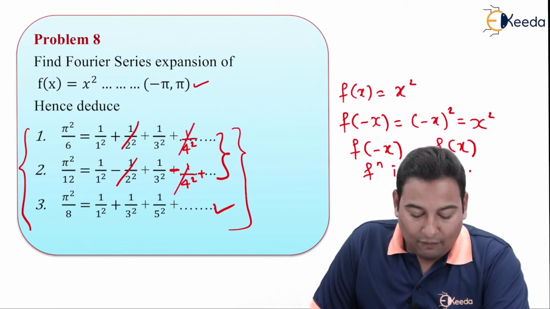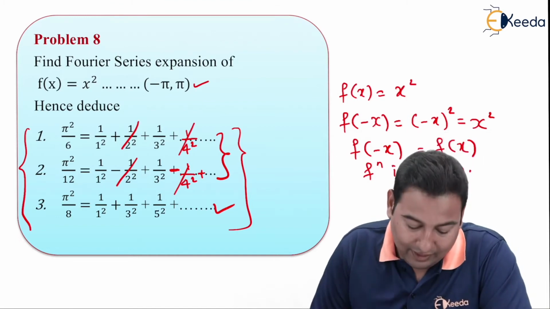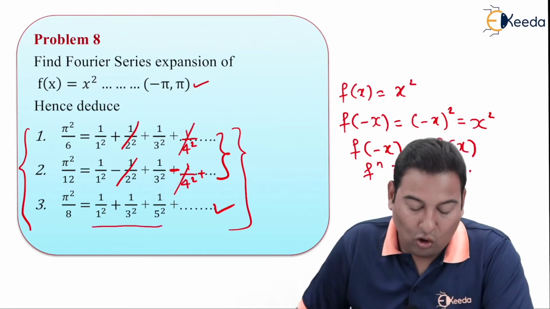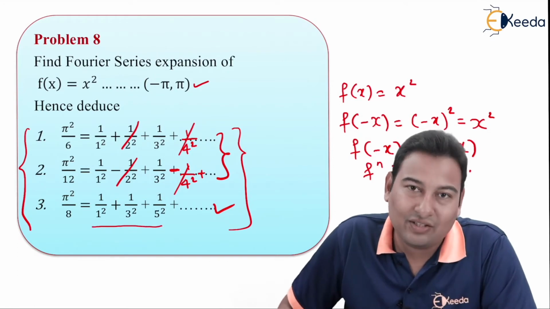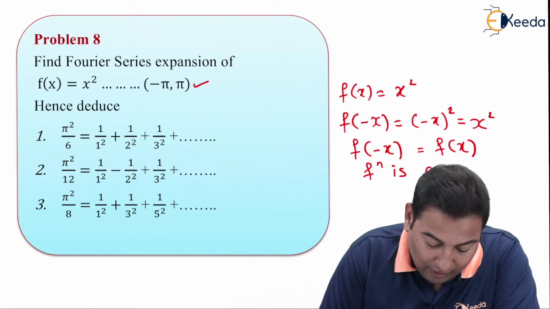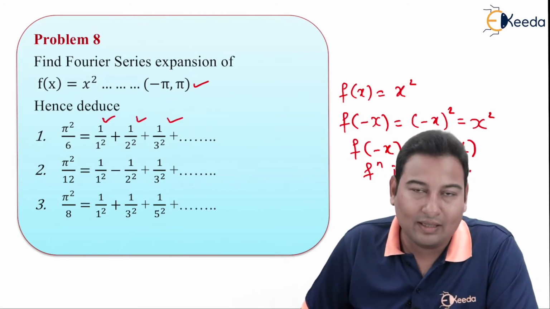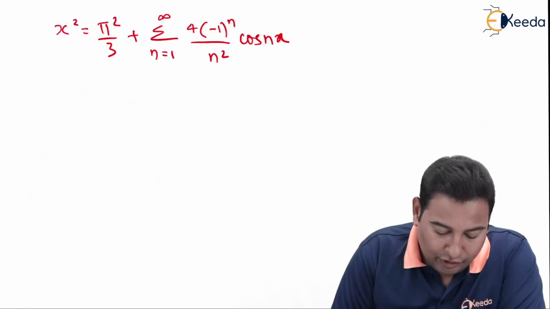That means for the third deduction we need to add 1 and 2, because in the third deduction we have only odd terms. Let's start with the deduction. For the first deduction, we want 1 upon 1 square, 1 upon 2 square, 1 upon 3 square, and so on. Let's do it. X square is equal to pi square upon 3.